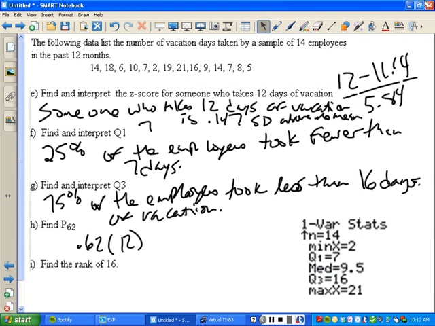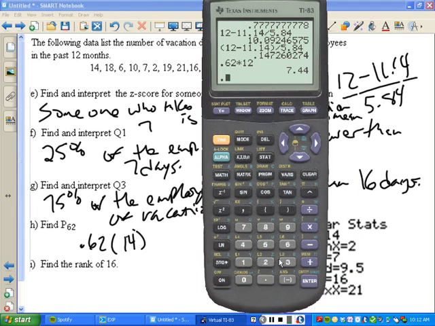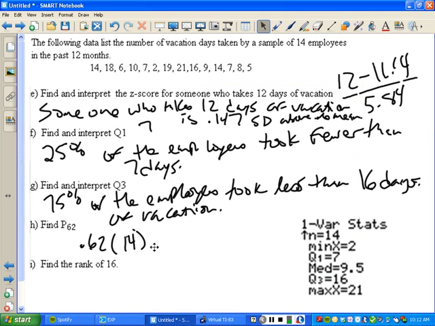Because I saw 12 right there. 0.62 times 14, my apologies. So 0.62 times 14 is 8.68. Publix rules, right? Round everything up. So this is 9. Every decimal gets rounded up.